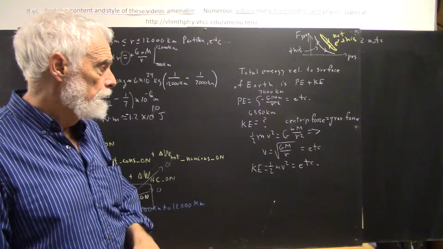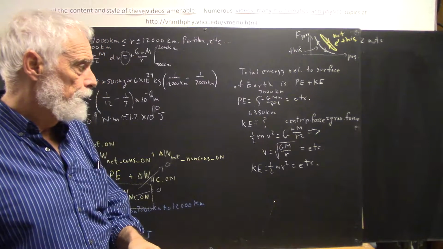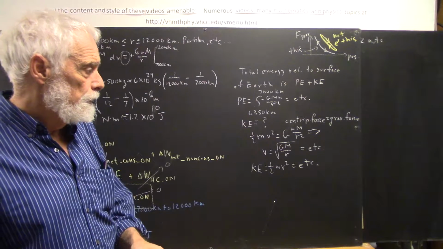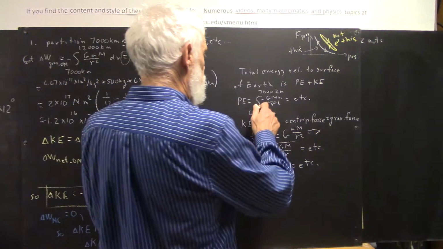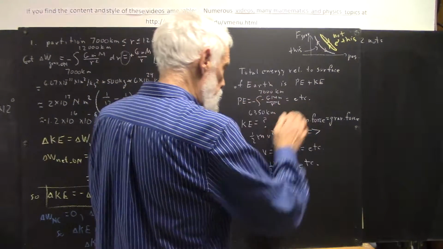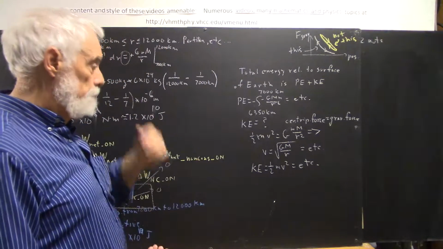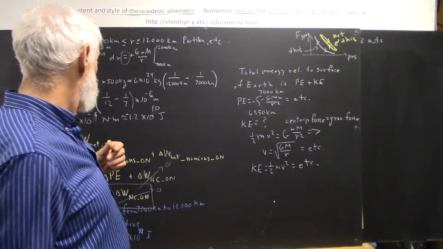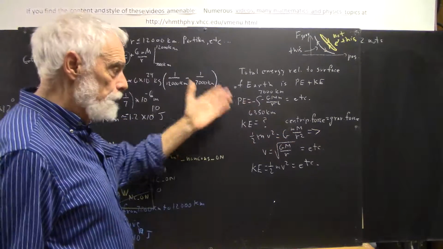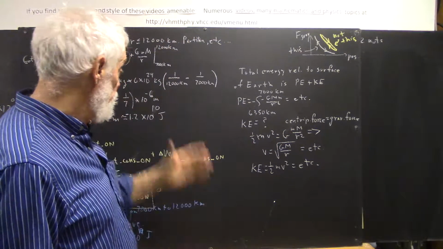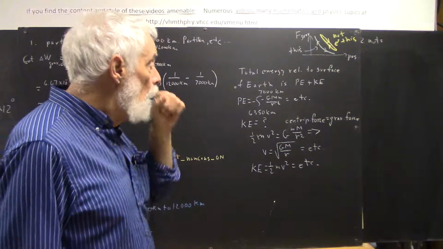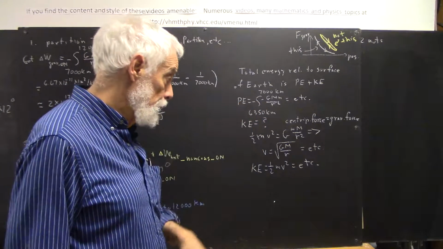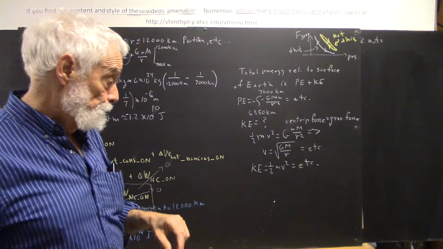The potential energy is actually the negative of this integral, because this integral comes out negative, so the potential energy is going to be positive for the reasons we discussed over here. I was missing a negative sign when I wrote this down.